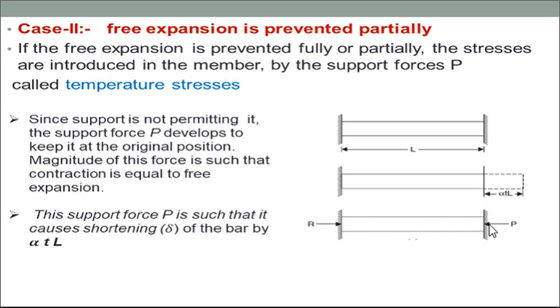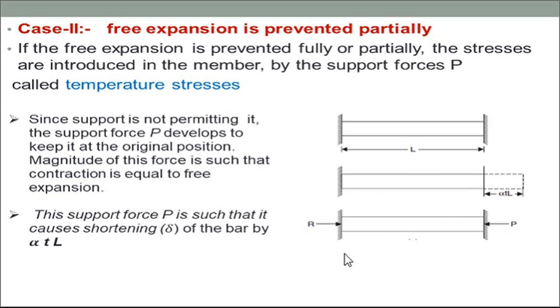There will not be any free expansion because of the support reactions at the two ends of this bar. Because of that, stresses are induced in the member because of the support forces P. On both ends there are support forces, P, and the reaction R is equal to P.